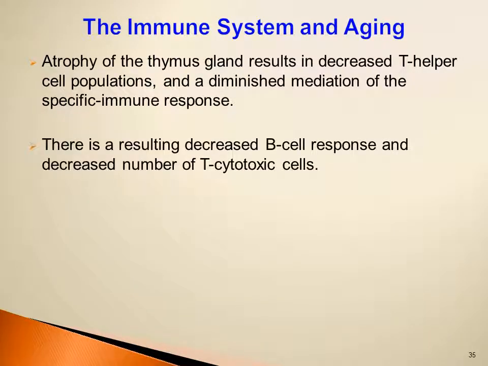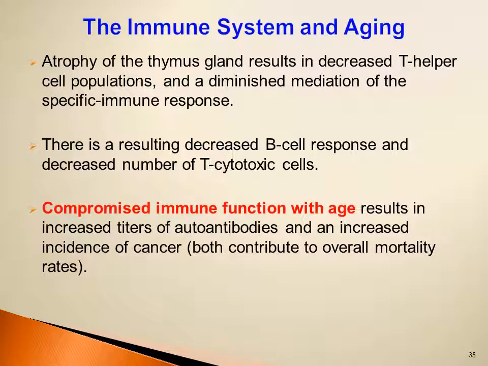There is a resulting decreased B cell response and decreased number of cytotoxic T cells. Compromised immune function with age results in increased titers of autoantibodies and increased incidence of cancer. Both contribute to overall mortality rate in old people.